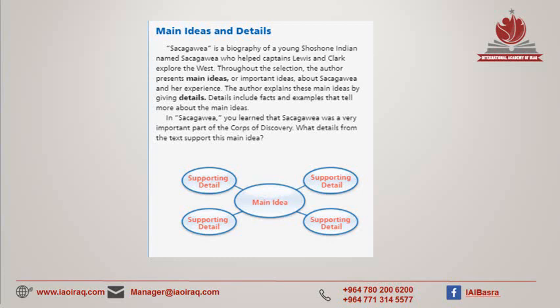The author explains these main ideas by giving details. Details include facts and examples that tell more about the main ideas. In Sacagawea, you learned that Sacagawea was a very important part of the Corps of Discovery. What details from the text support this main idea?